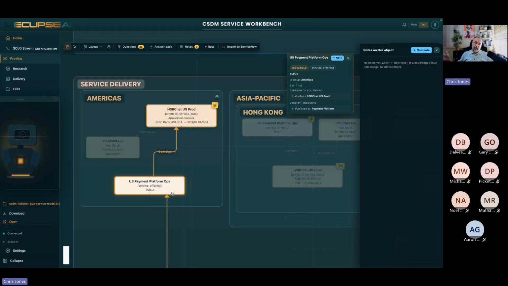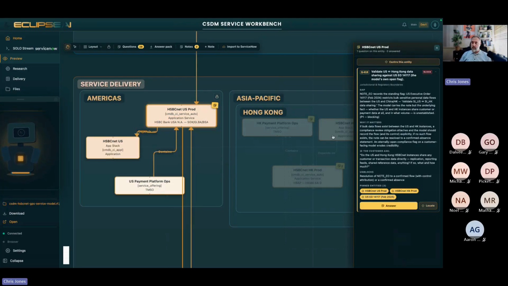Different to a service offering in the business sense, it's largely about how the delivery team is structured in a unique way to deliver a unique service for that productive environment. So they'll be supporting that. And there would definitely be way more teams than just this, but this is the initial research. And as these questions get answered, then Solo will go ahead, ingest that, and then build the business architecture in the CSDM format.